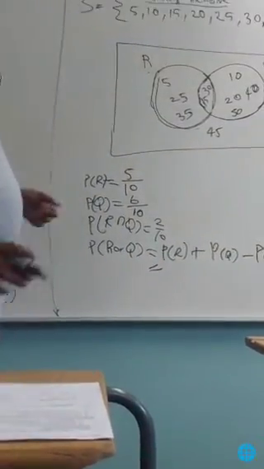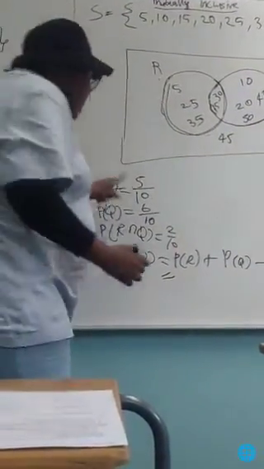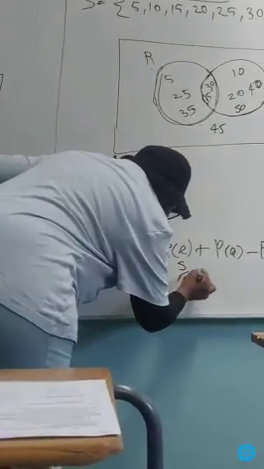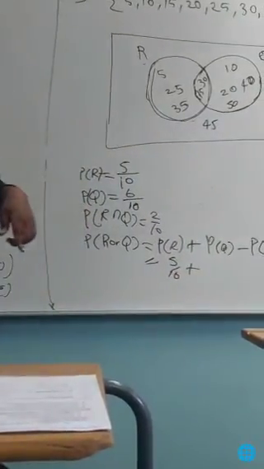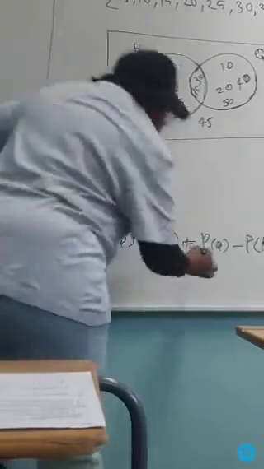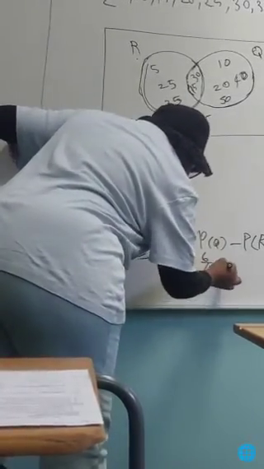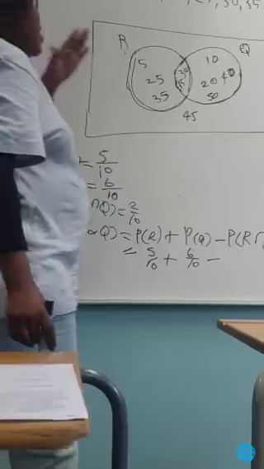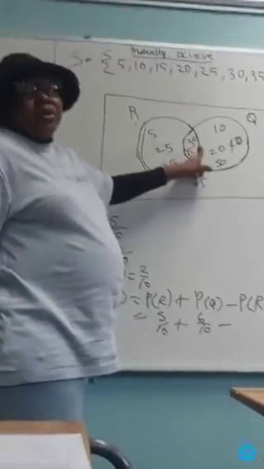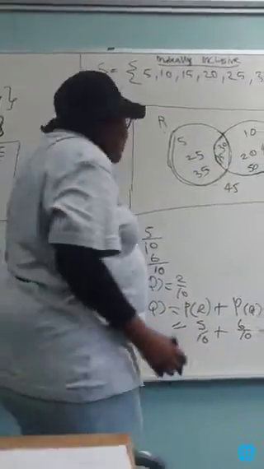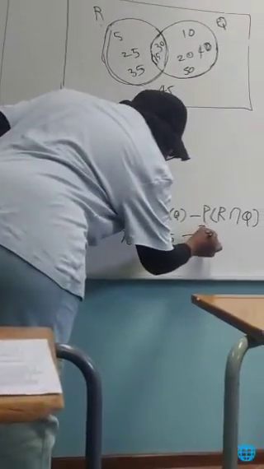So the probability of R is 5 over 10, plus the probability of Q, 6 over 10, minus the common elements, 2 over 10.